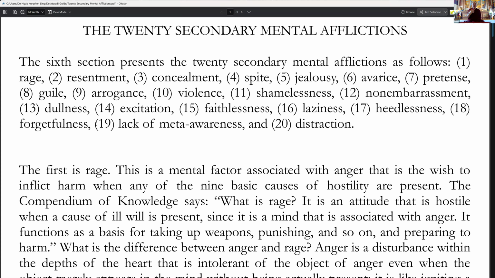These 10 bring you both non-virtuous and neutral actions, right?